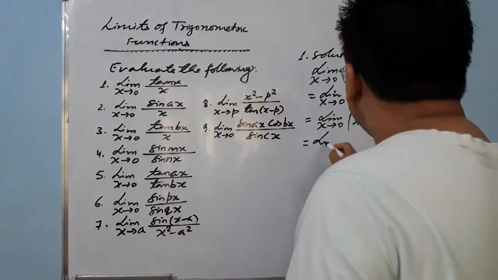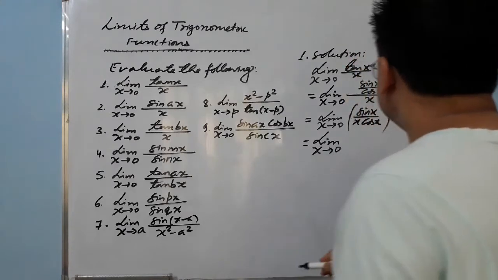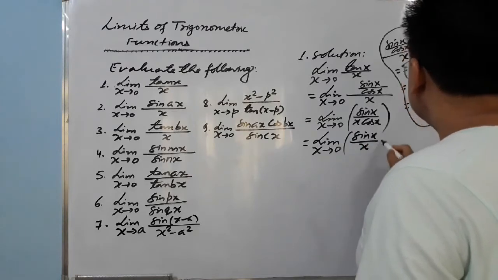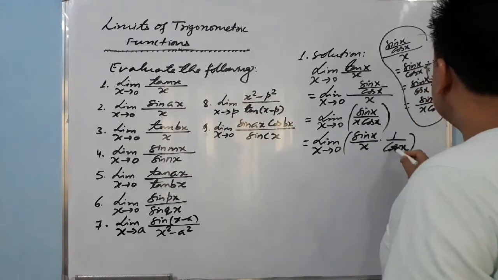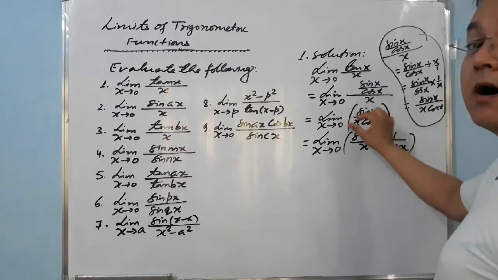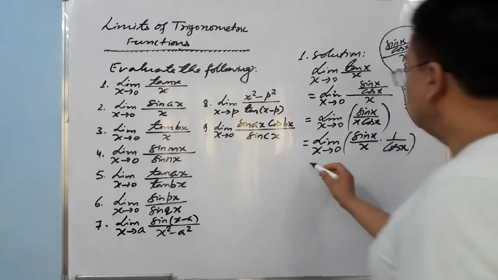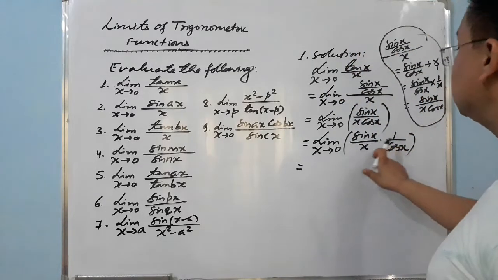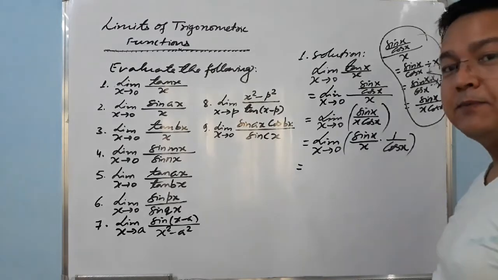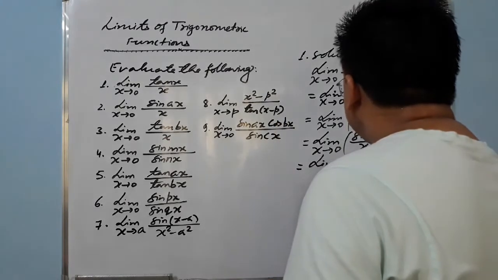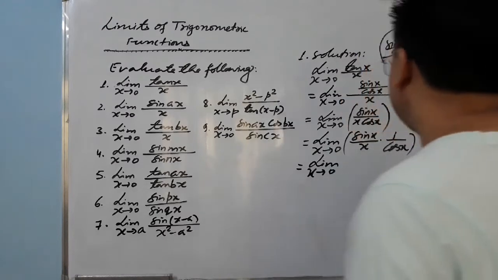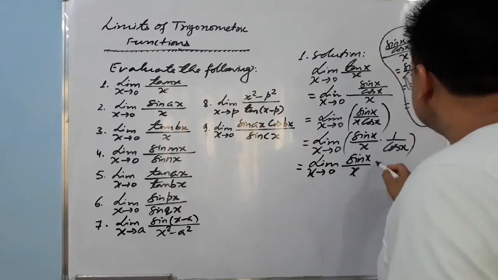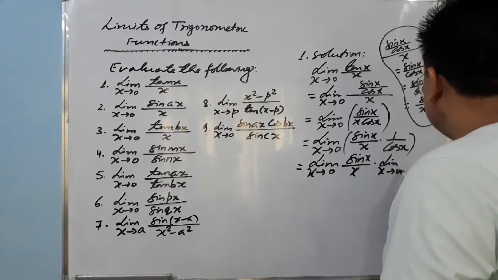Now the next step: as x tends to 0, we can write sin x over x into 1 upon cos x, which is also equal to this function. As we have studied in the limit theorem, if we have a product of functions, then we can take the limit of each separately. I'm going to do the same here. Limit of sin x over x into limit of 1 upon cos x as x tends to 0.